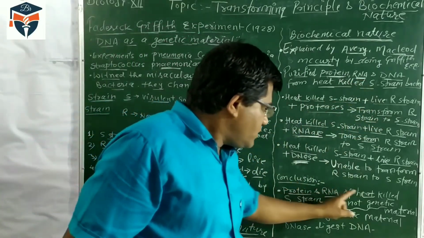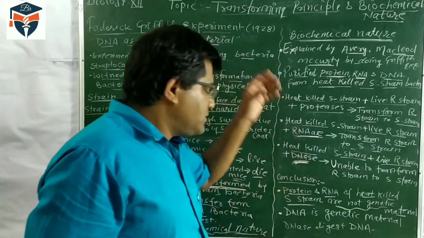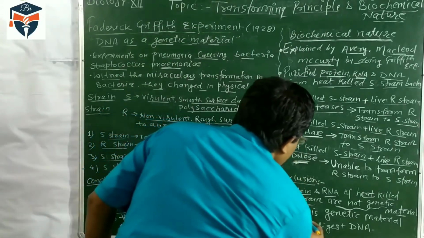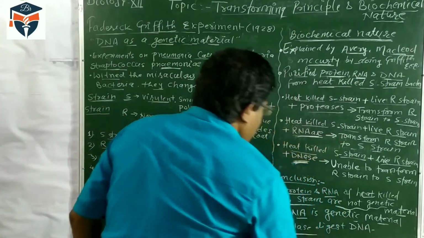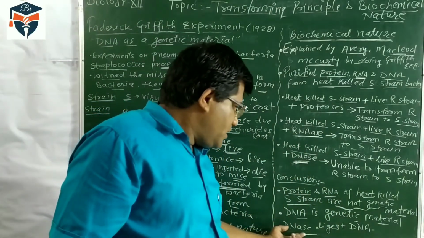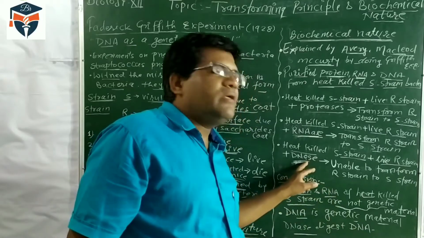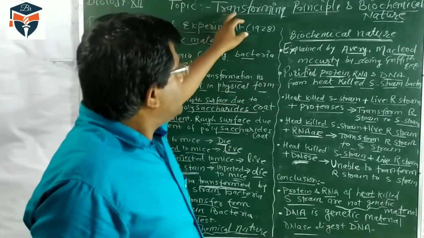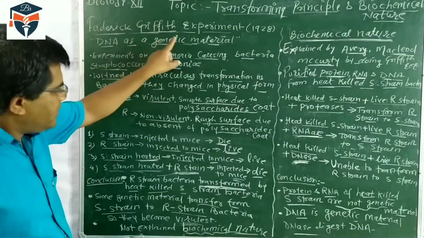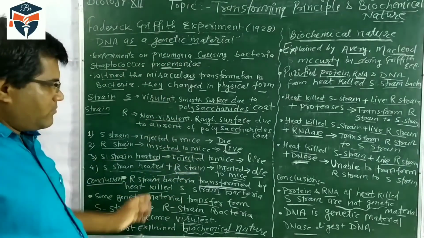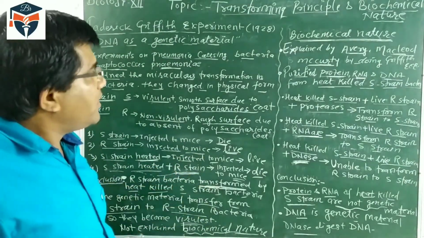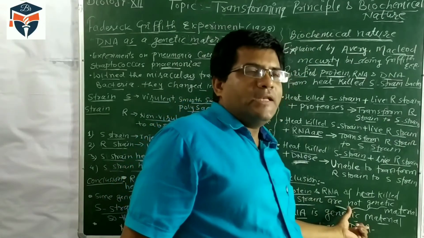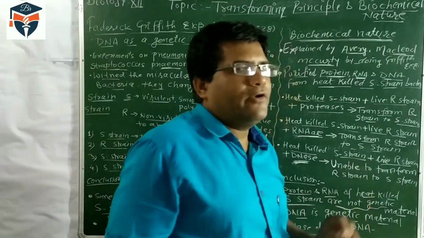It means DNA is the genetic material, as proved because DNase digests the DNA. In Griffith's transforming principle, genetic material transfers from one bacteria to another, and the biochemical nature proved that DNA is the genetic material, not protein and not RNA.